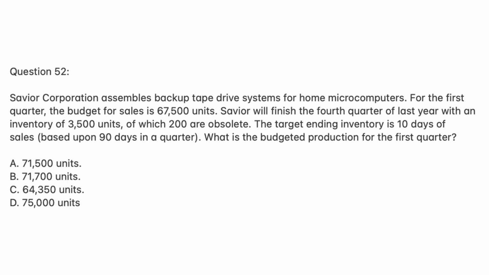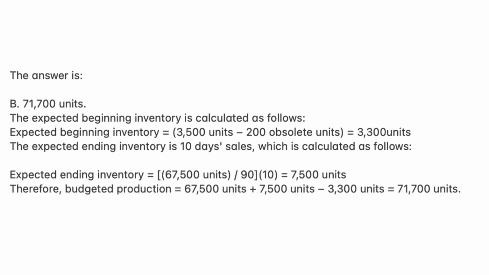C. 64,350 units. D. 75,000 units. The answer is B. 71,700 units. The expected beginning inventory is calculated as follows. Expected beginning inventory equals 3,500 units minus 200 obsolete units, which equals 3,300 units.